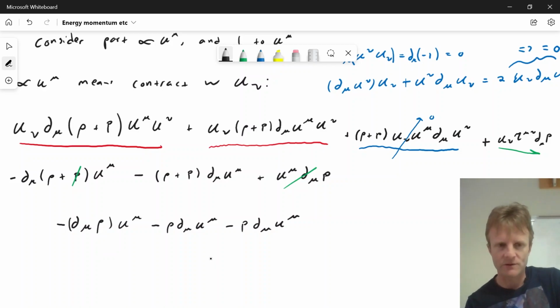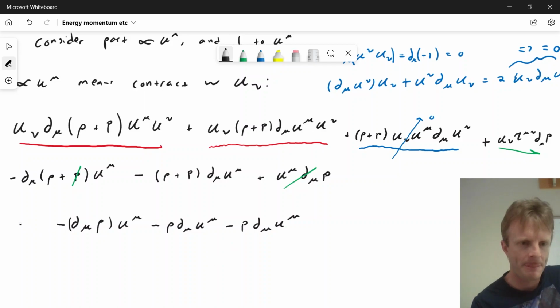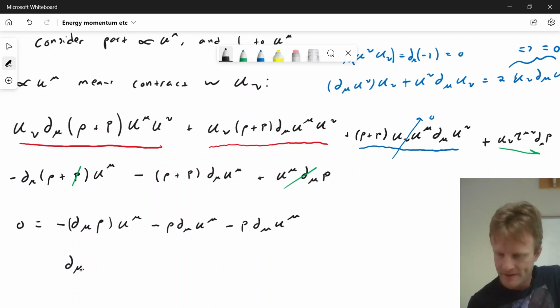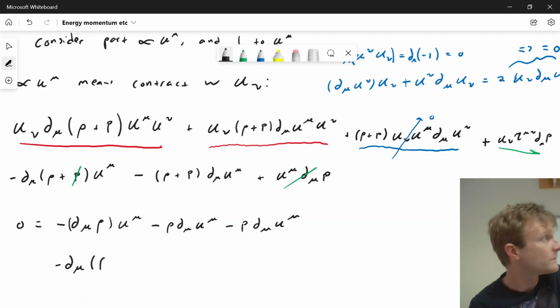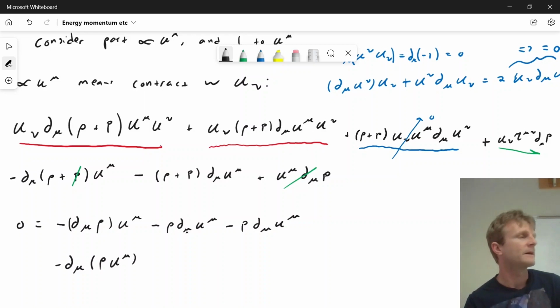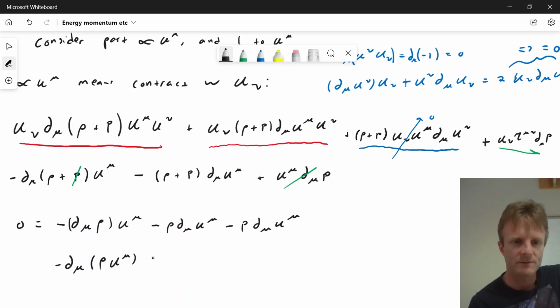Okay, and this was all equal to 0. And so what do we have here? Well, usually this would be written minus ∂_μ (rho u^μ), because the first two terms can be combined together by the Leibniz rule. And maybe we'll move this one to the other side: p ∂_μ u^μ.